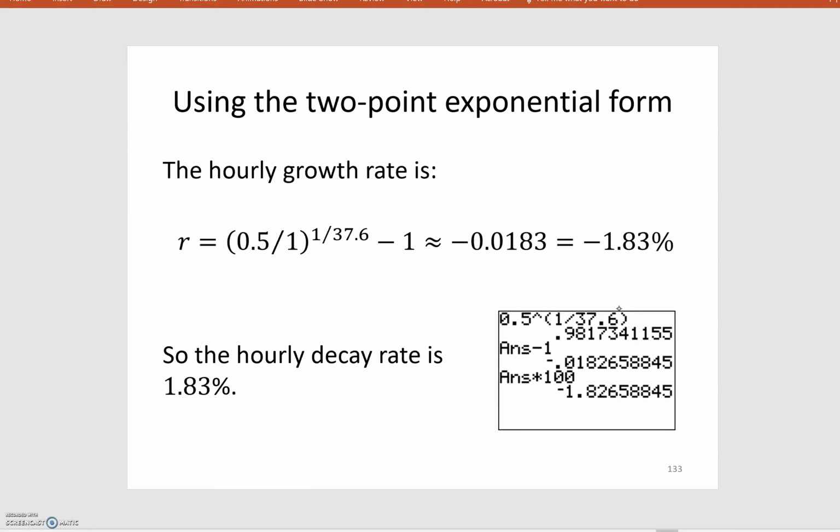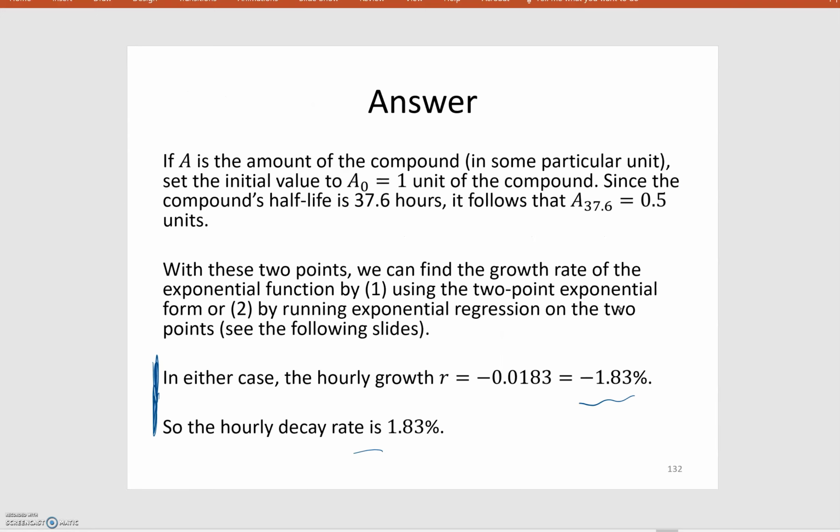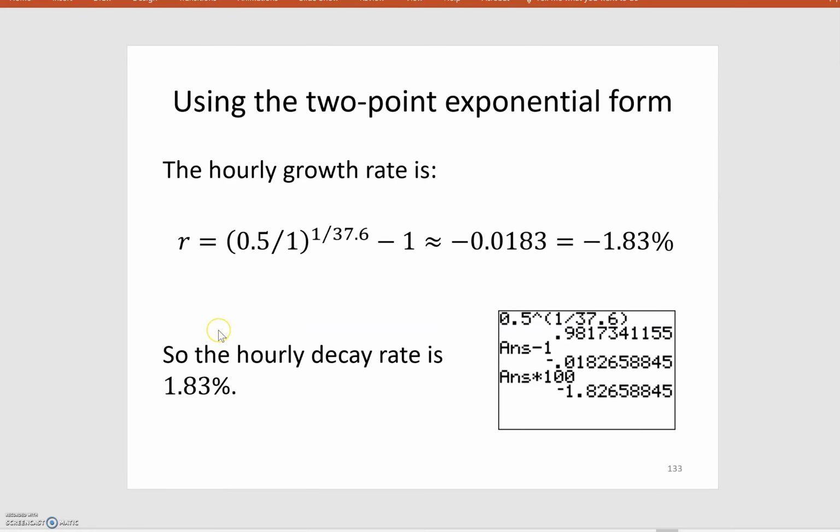Let's go back a bit. If you wanted to use the 2-point exponential form to find the rate, what you have here is the new over old. New over old, that's your ratio, which means it's our ratio of successive values, and therefore that's our factor.